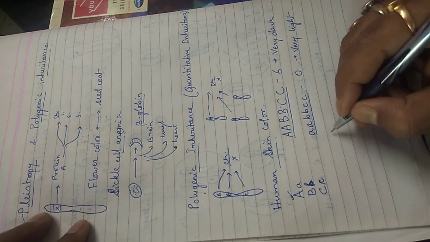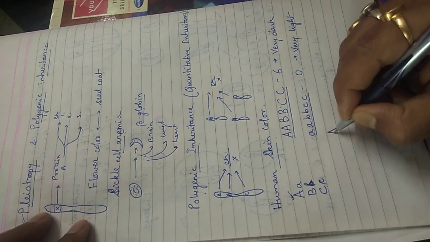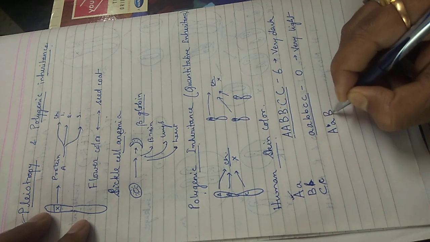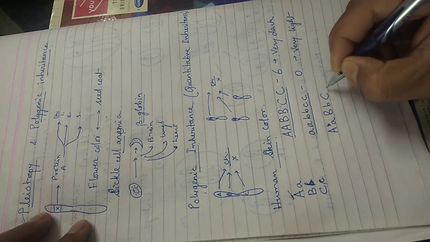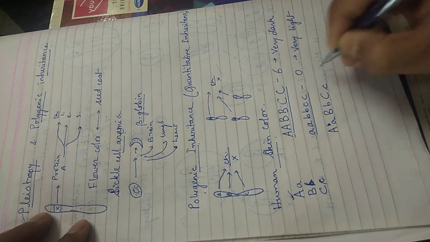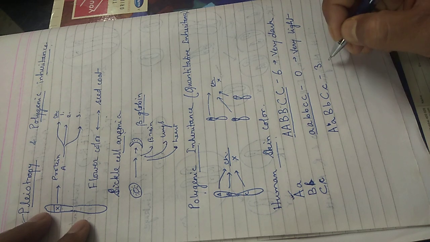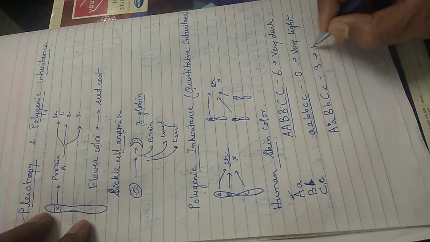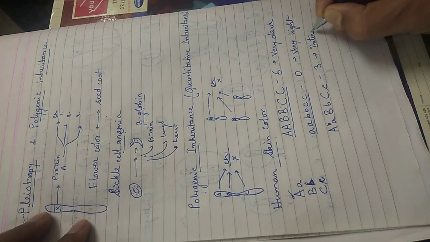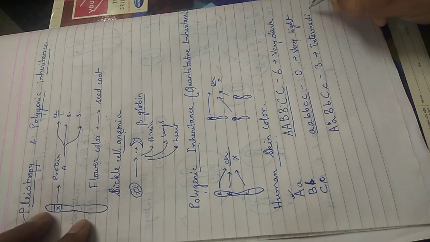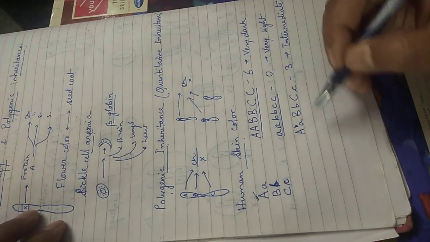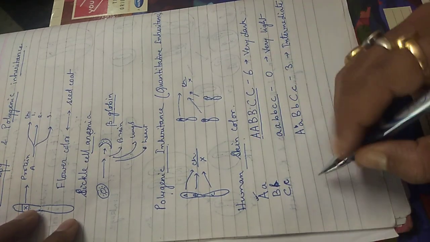Now if we take an intermediate condition, there are only 3 dominant factors here, so it will give rise to an intermediate skin tone. Like that we can have different combinations.